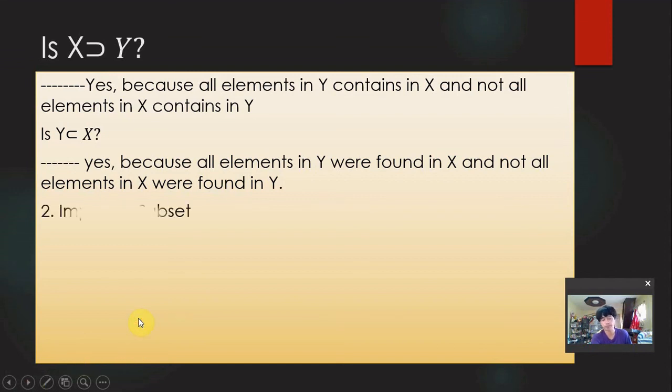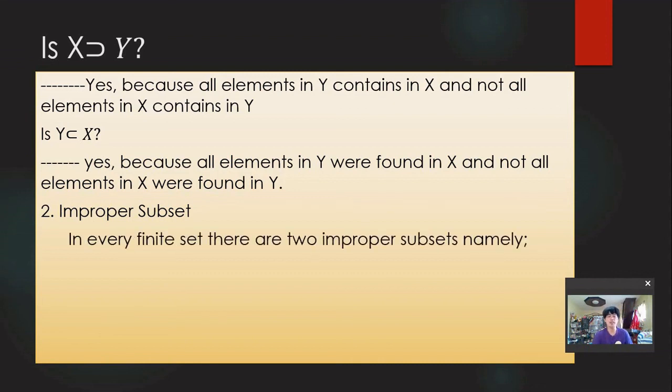Now, number 2, category of subsets. Improper subset. What is improper? Still, there is a word in your elementary, improper fraction, but it's different from improper subset. What is an improper subset? An improper subset is that in every finite set, there are 2 improper subsets. Namely, the empty set or null set, the one which we had discussed earlier in a previous video.